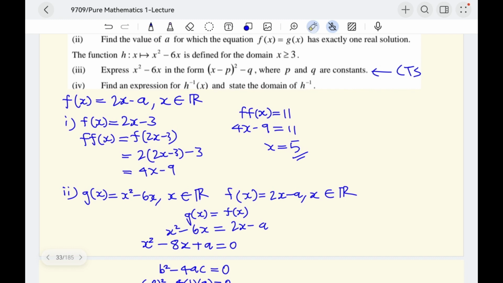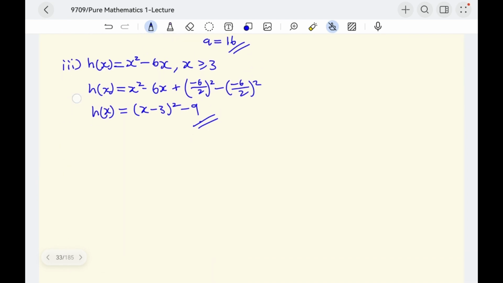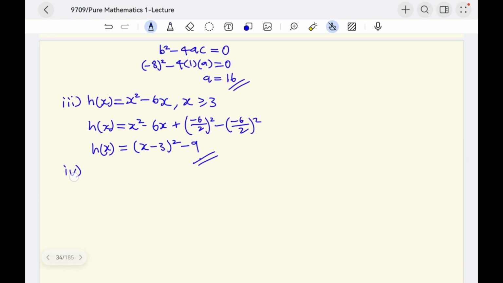Now, for the fourth part, find an expression of the inverse h(x) and state the domain of the inverse. Here is the tutorial on how to find the inverse of the quadratic function. But you need to convert to vertex form just before you carry out the inverse process.